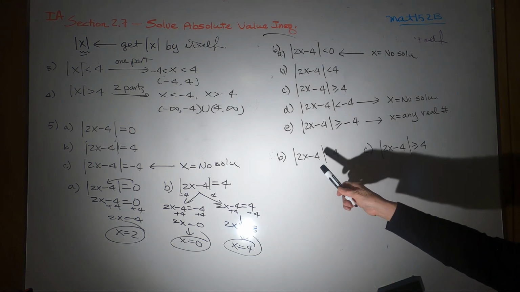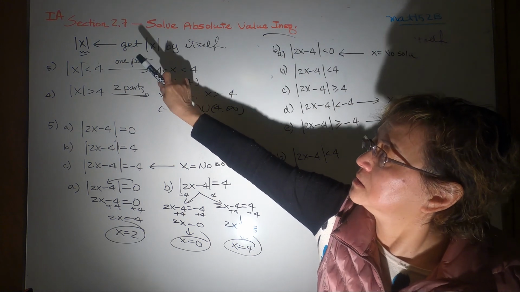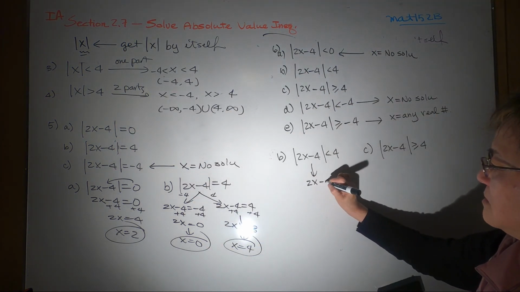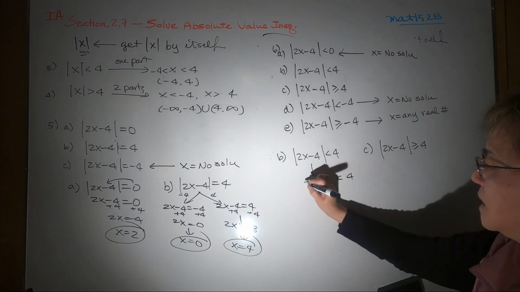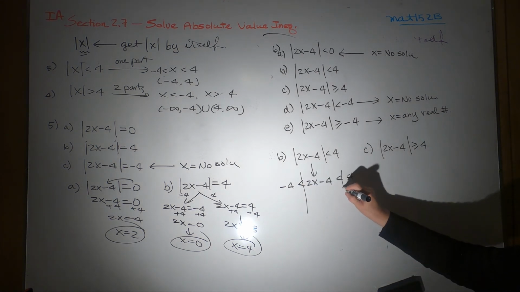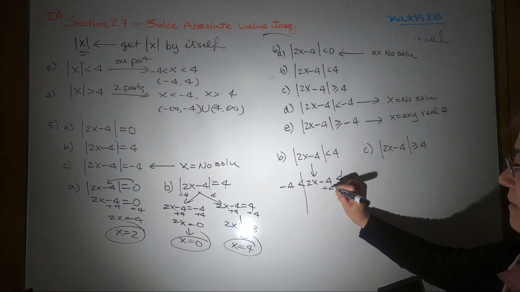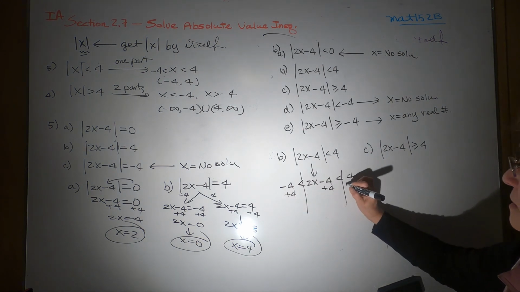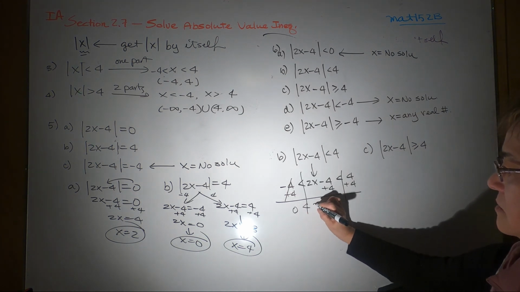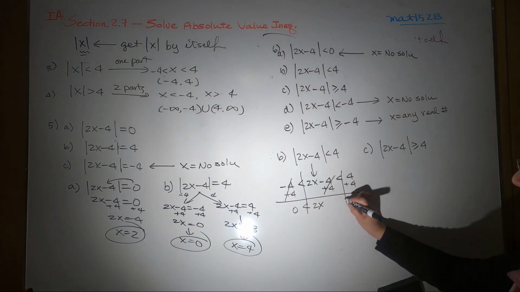Less than is what? 1 part, right? So this group should be in between 4 and negative 4. Then you solve for x by itself altogether, right? Get x by itself by plus 4, right? So that will be 0, 2x, right, 8.